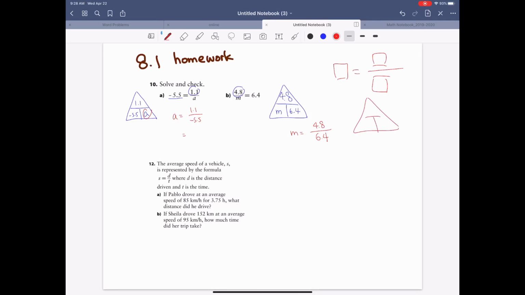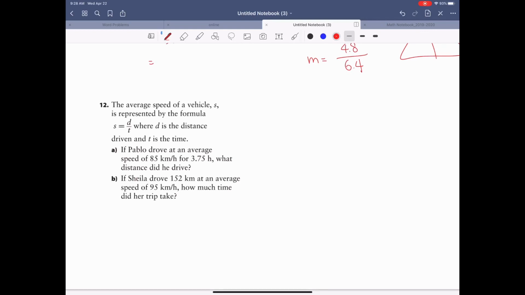Okay, so 12. Average speed of a vehicle, S, is represented by the formula S equals to D over T, where D is the distance driven and T is the time. Okay, so basically it gives you an equation, same idea as before. They give you the equation, they give you unknowns, D, T, S, okay?